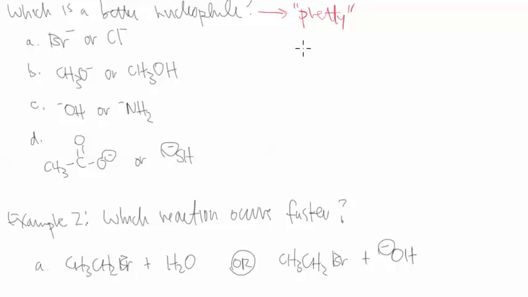Which one is prettier? Meaning, which one of these two choices would go in and have a better time replacing a group on an organic? That is what we mean when we say better nucleophile. Which one can actually replace easier?